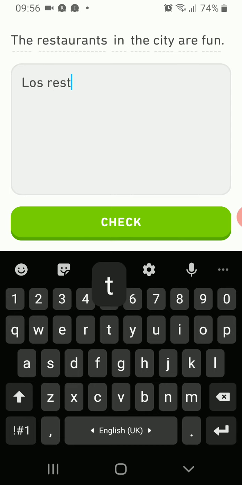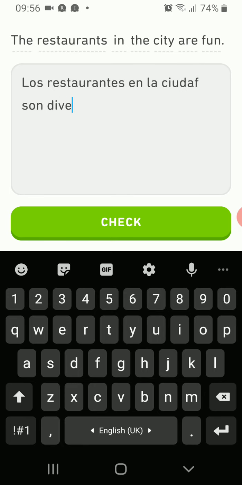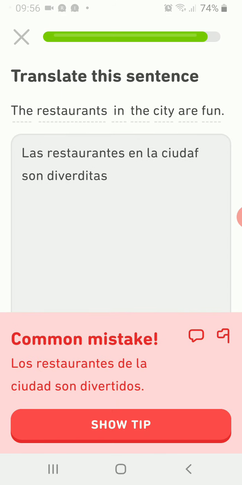Los restaurantes en la ciudad son divertidos. I have a doubt. Is it masculine or feminine? La restaurante. I think it's feminine. Let's try feminine. Oh my god, common mistake.